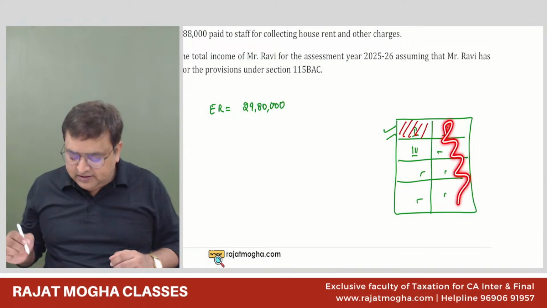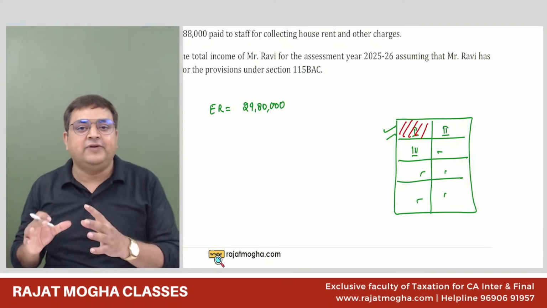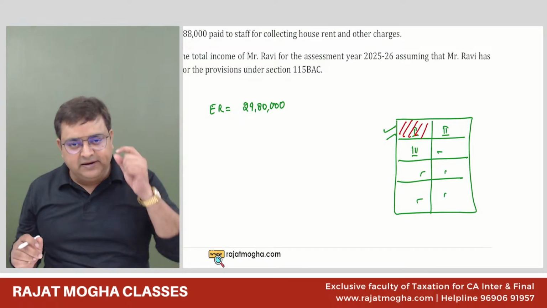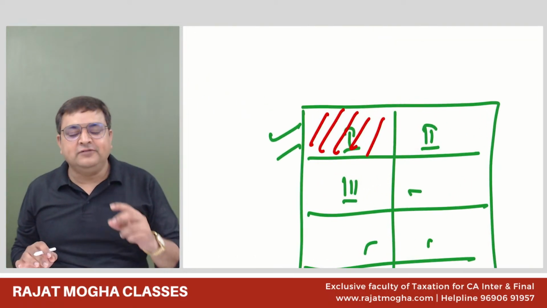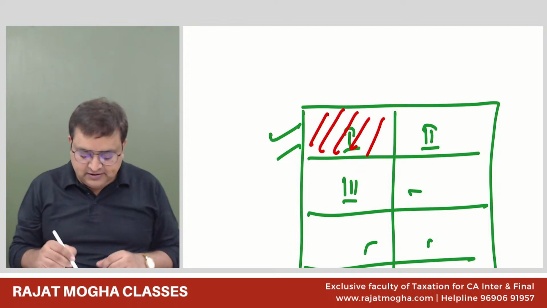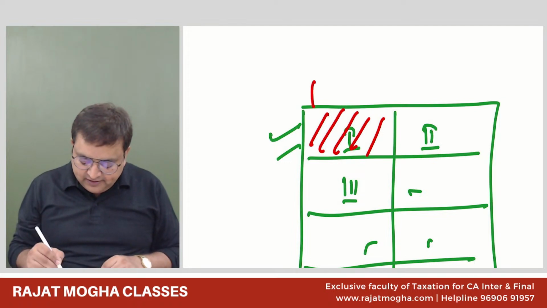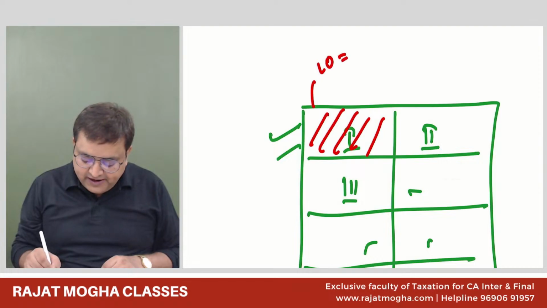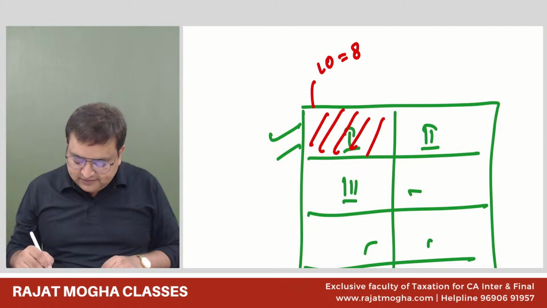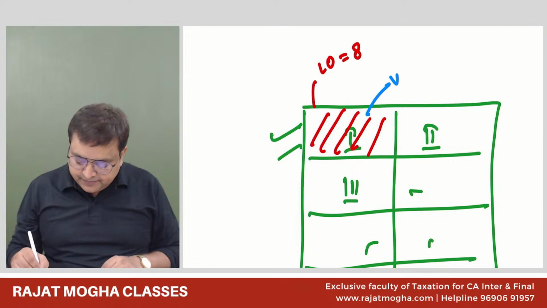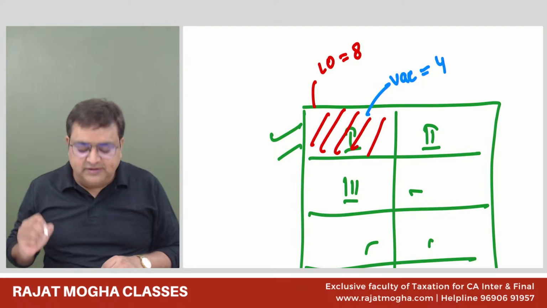We don't know how many other flats there were. But they are telling me about one flat, that this one flat was vacant for 4 months. So this flat was let out for 8 months, and vacant for how many months? 4 months.